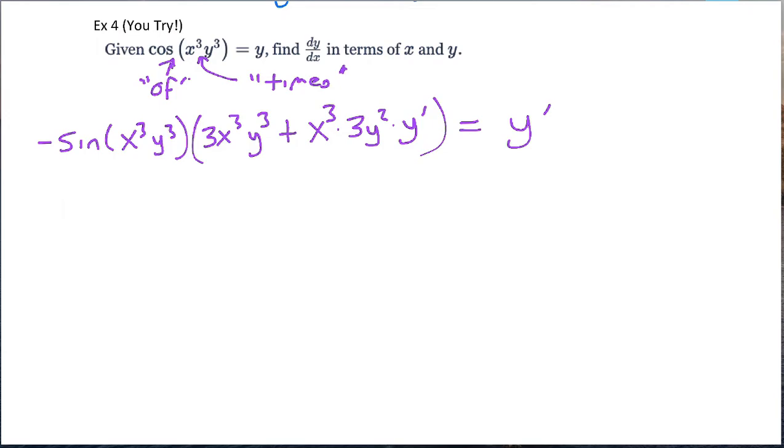We just have to get all this stuff together. So I'm just going to do everything that I need to do.